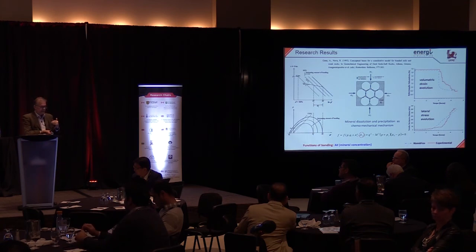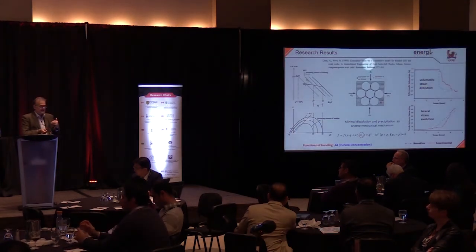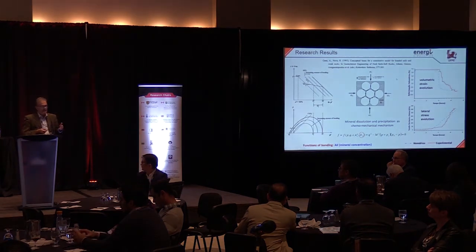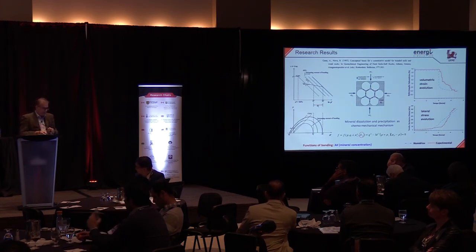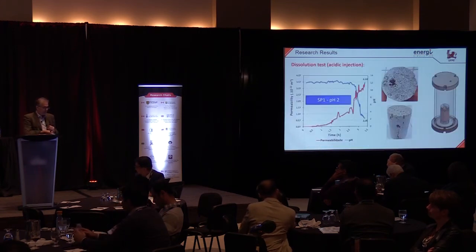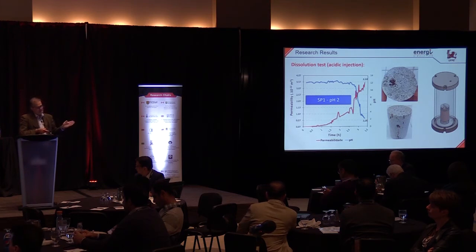What we can see here is that with this model, we were able to validate very well against the experimental data generated by Katia. Katia also worked with injecting fluids through artificial carbonate rock with different pH.